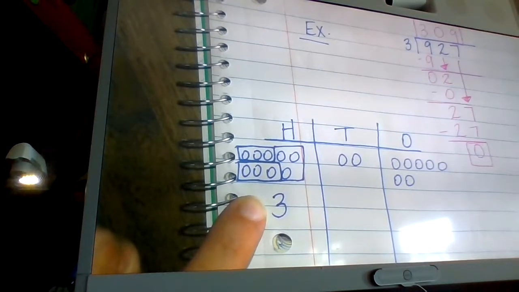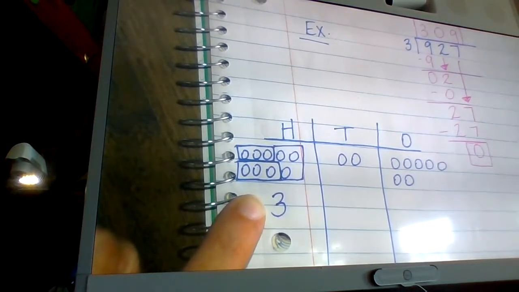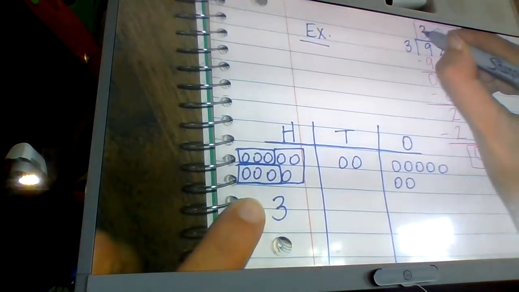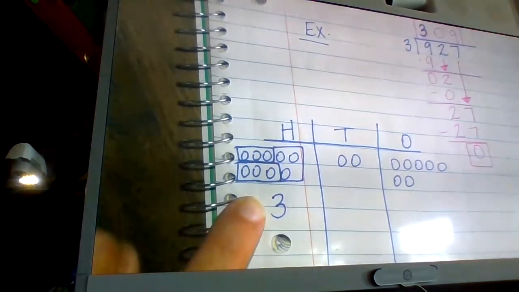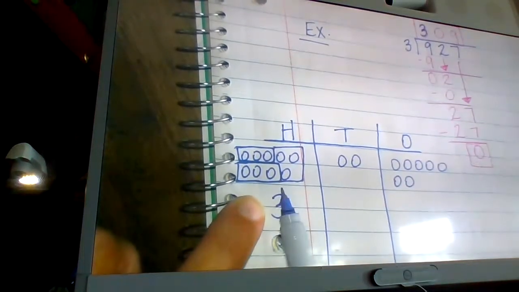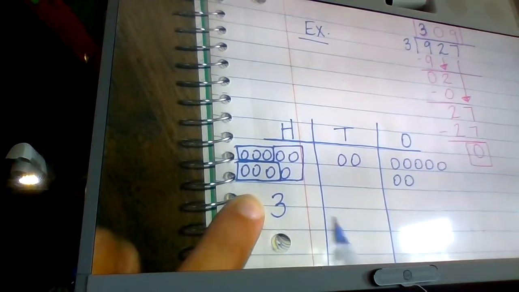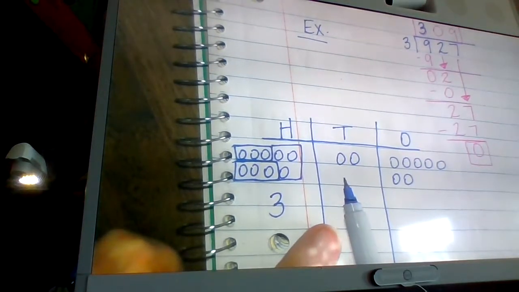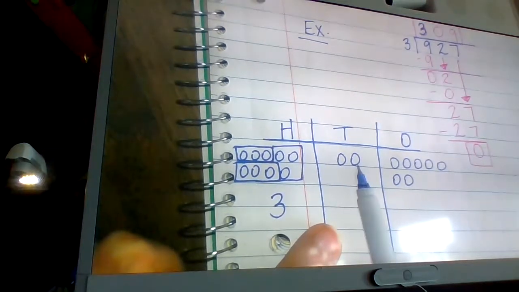Watch how that correlates with the standard algorithm. 3 in the hundreds place. Amazing. Now I have no leftover place value discs, so now I'm going to move to my tens place, and I'm going to make a group of 3. 1, 2.